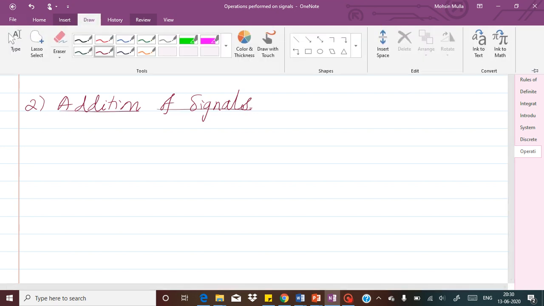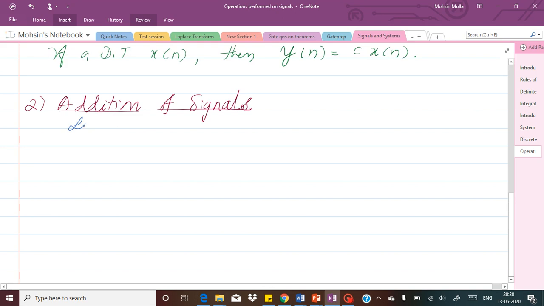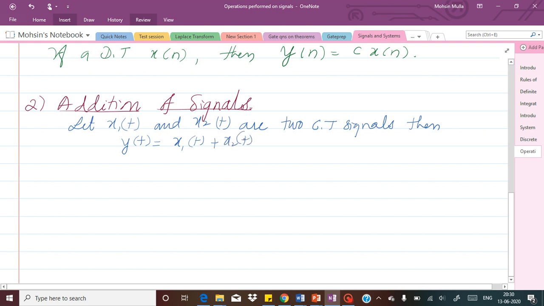So let x1 of t and x2 of t be two CT signals, continuous time signals. We want to add them, and the new signal is indicated as y of t. y of t will be equal to what? The sum of these two signals, x1 of t plus x2 of t.